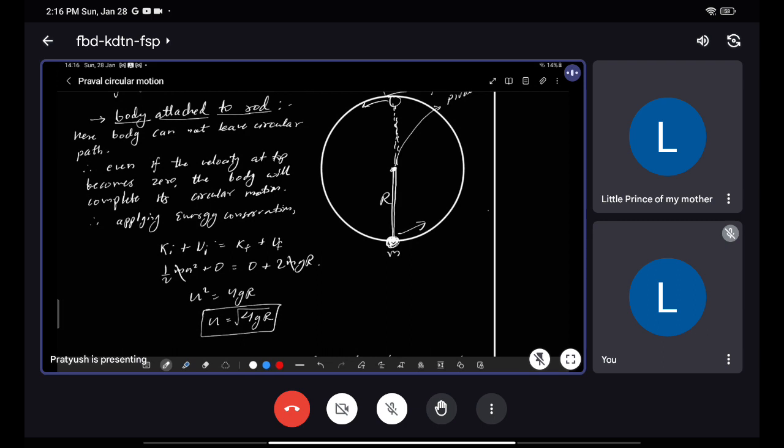Yes, we can, by conservation of energy. But right now the rod is considered to be massless. Actually, the rod is not massless. If the mass is given, then we can apply only conservation of energy in this manner.